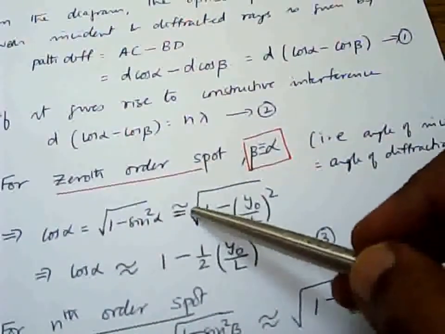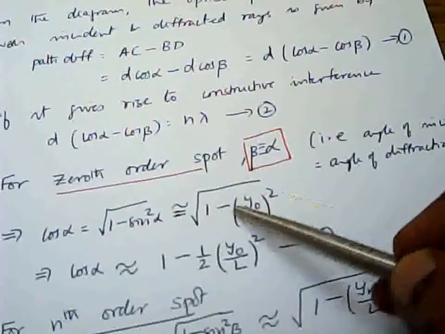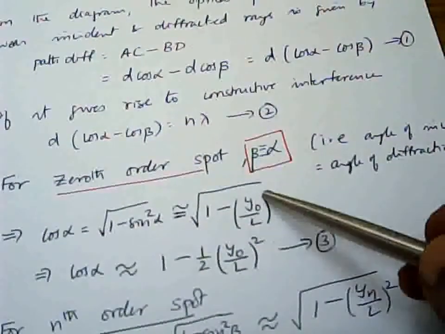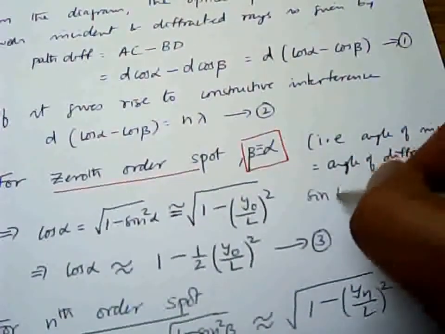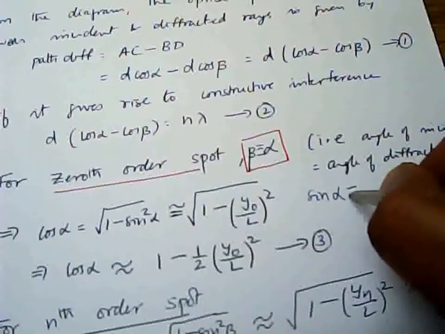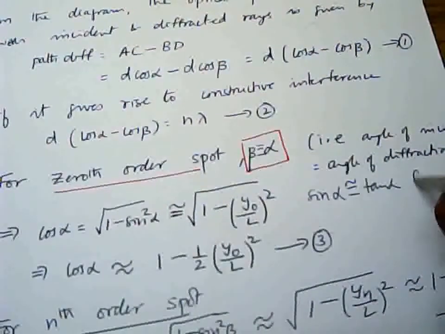So from the diagram you can see that that is approximately equal to square root of 1 minus (y naught by L) whole squared, because sine alpha is approximately equal to tan alpha for alpha very small.